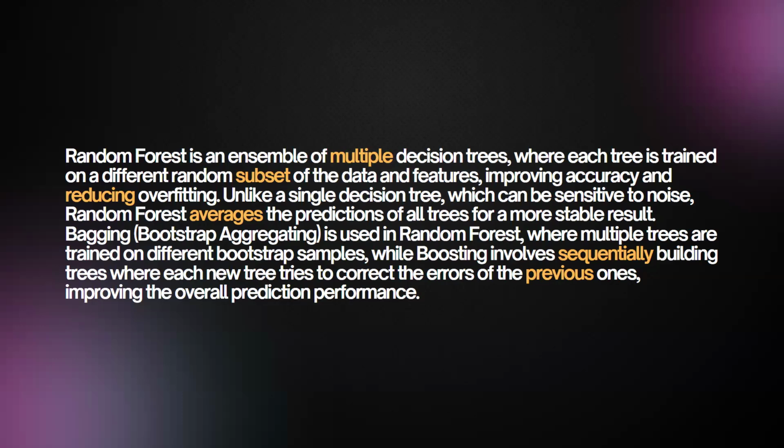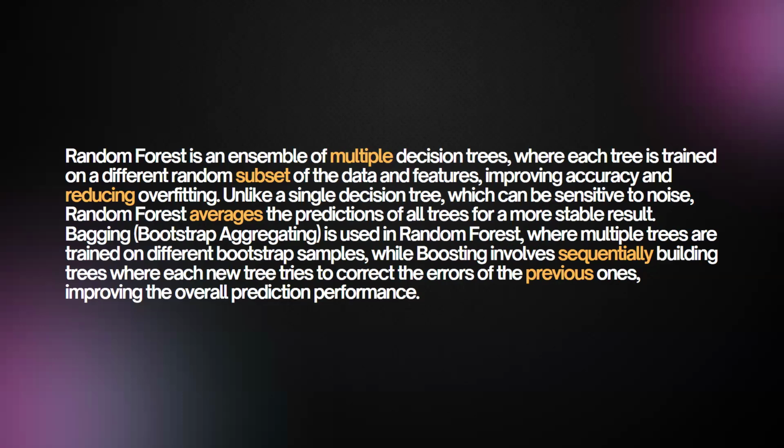Similarly, we have underfitting and then the generalized model. We need to make sure that there's no overfitting in the model, and in a single decision tree there might be, because of noise. But when we use a random forest, it will average out the predictions. I'm going to show you what bagging and boosting look like.